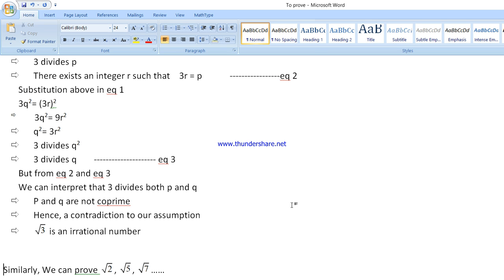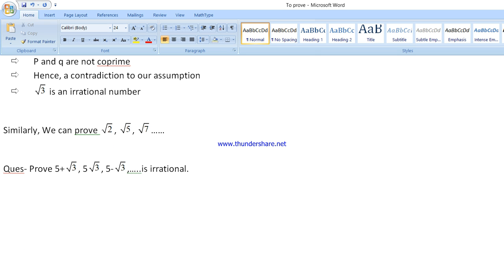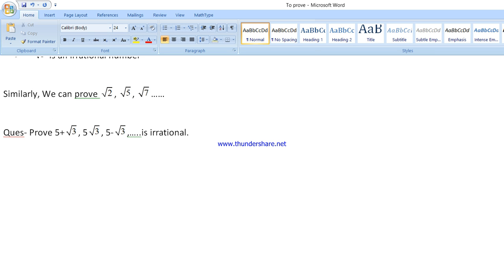The other type which comes in the exam is to prove that 5 plus root 3, 5 root 3, 5 minus root 3, 2 plus root 3, 2 plus root 2, 2 minus root 2, 2 plus root 5, applying all the operators with root 3, root 5 and root 7, the number formed, we have to prove it to be irrational.